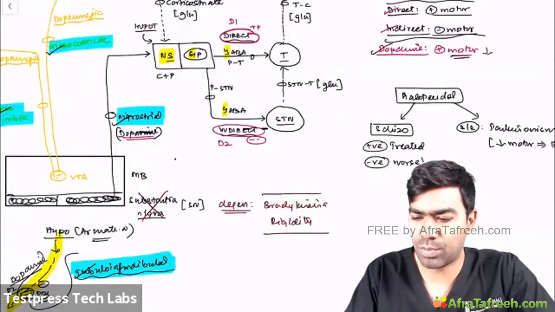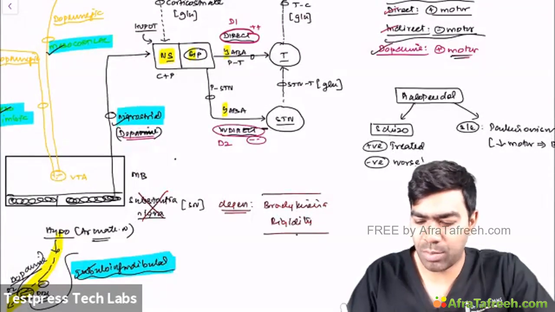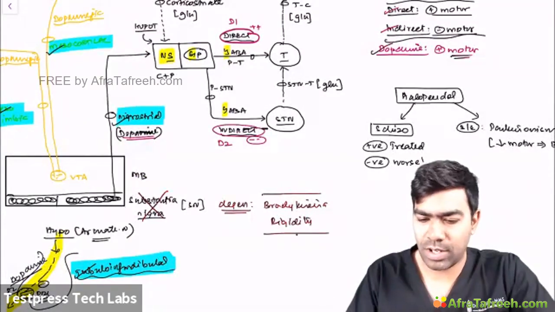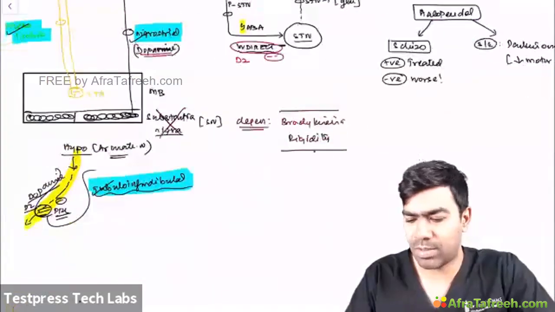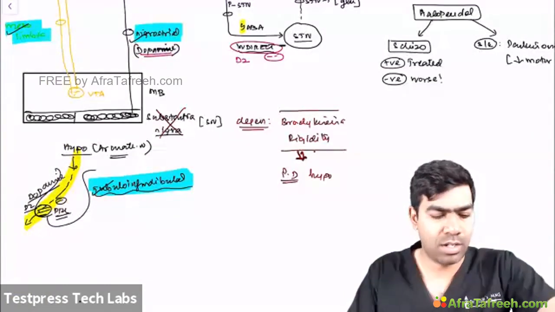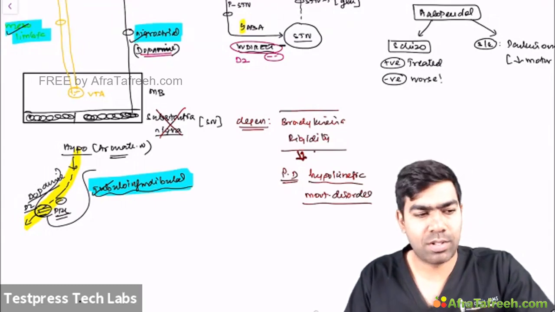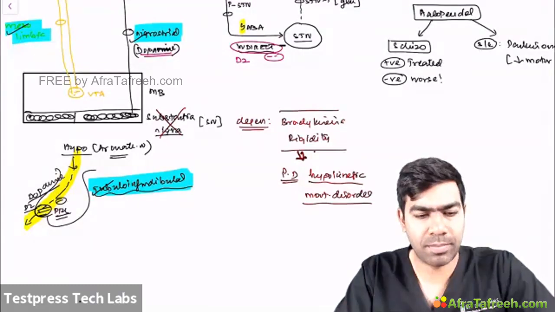When you have reduced motor activity, you're going to result in bradykinesia. Bradykinesia is a kind of hypokinetic movement disorder. So whenever you have degeneration of this nigrostriatal pathway, you'll have reduced movements, which will result in Parkinson disease, which is basically a hypokinetic movement disorder.